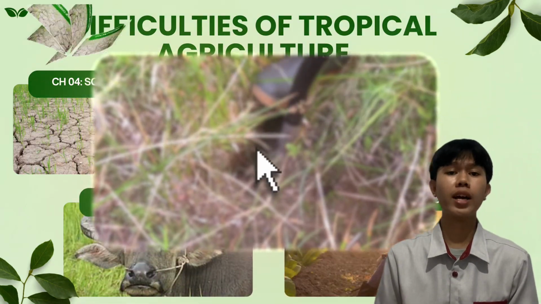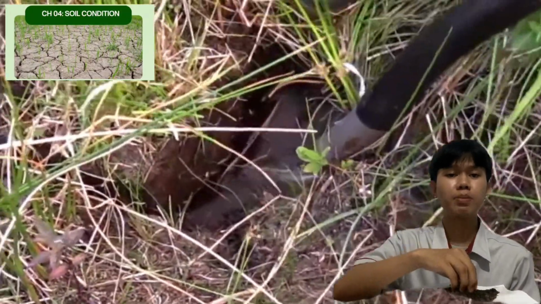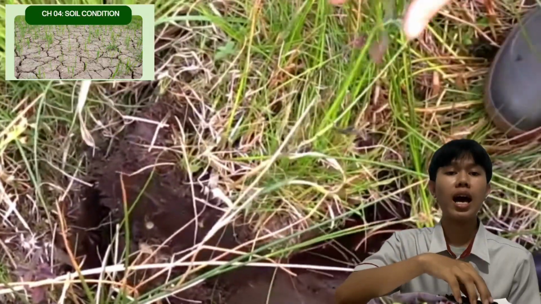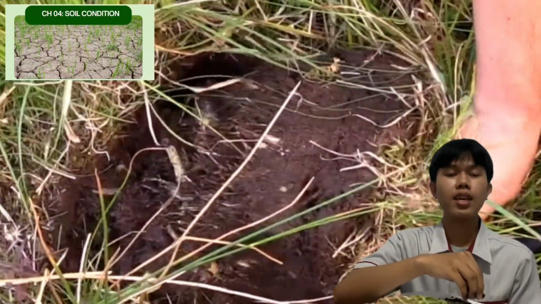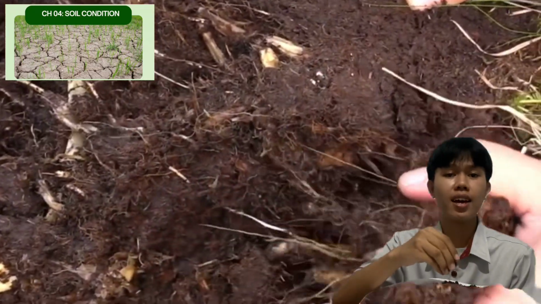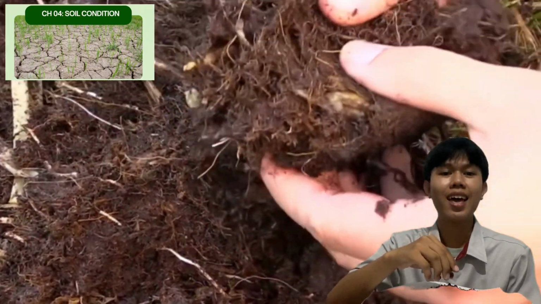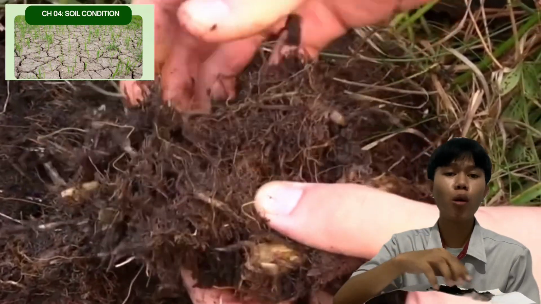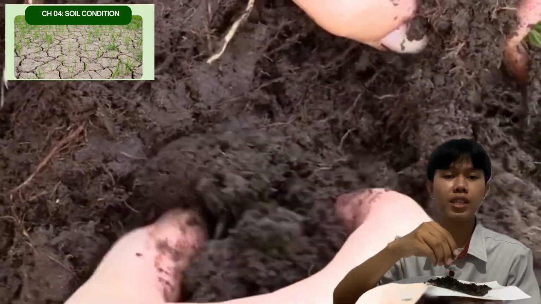I would like to provide a concrete example of soil, specifically a type known as peaty soil. So, this peaty soil is characterized by its high organic matter content and is primarily composed of decomposed plant material.